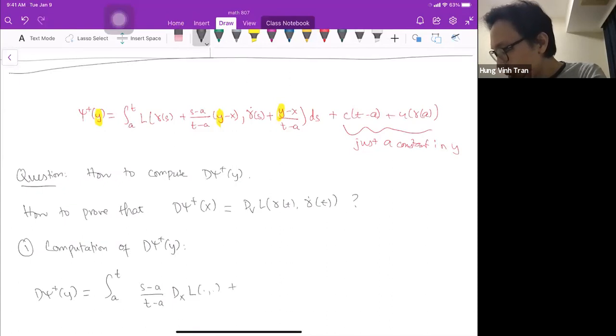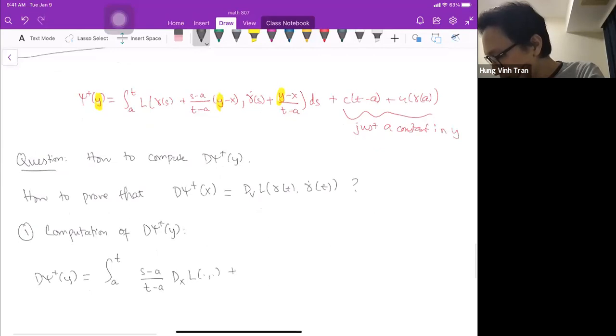Plus the second term, if I differentiate also in y, I get also a constant. Let me write in a different color so that you see what the constant is: 1 over (t minus I) times D_v L ds, right?